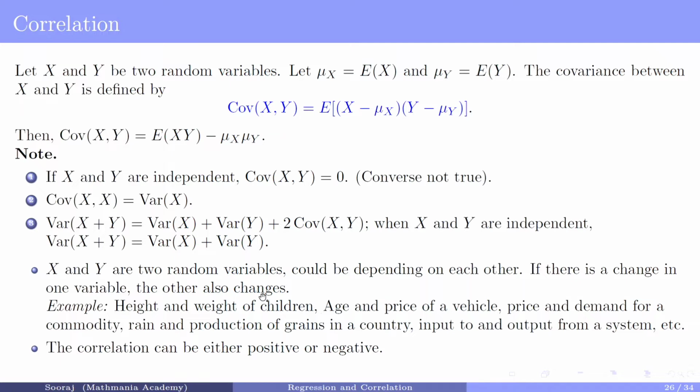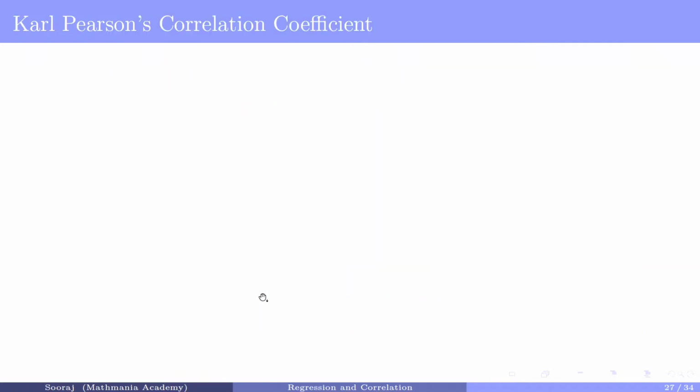Here in this video we are primarily interested in Karl Pearson's correlation coefficient, denoted as rho, and the expression to find it is the covariance of x comma y divided by sigma x sigma y, where sigma x and sigma y are the standard deviations of the variables x and y, right?